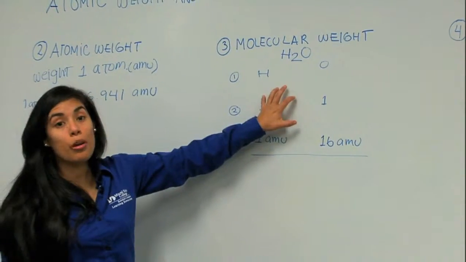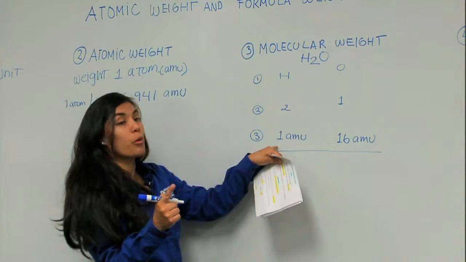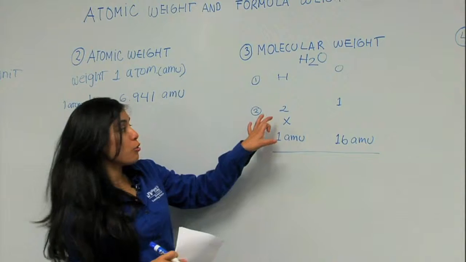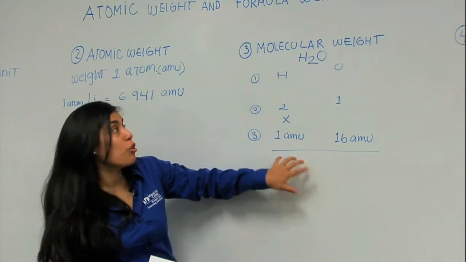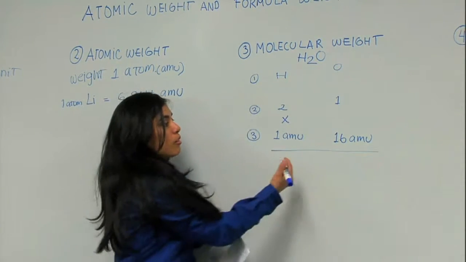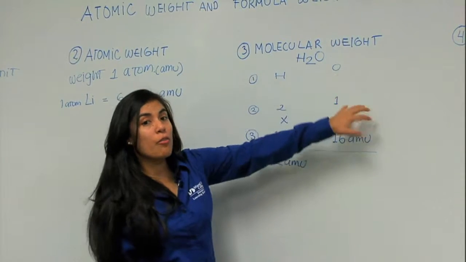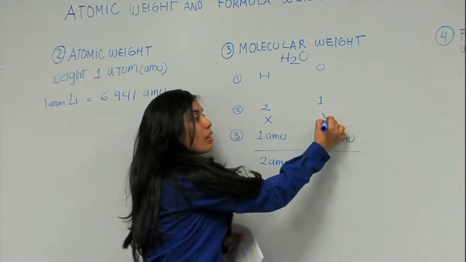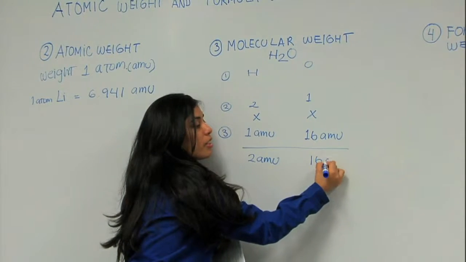We have 2 hydrogen atoms, and 1 hydrogen atom contributes with 1 AMU. So if we multiply 2 times 1 AMU, I will get the mass contributed by 2 hydrogen atoms, and that will be 2 AMU. If I have 1 oxygen atom and this contributes with 16 AMU, when multiplying them, I will have 16 AMU.